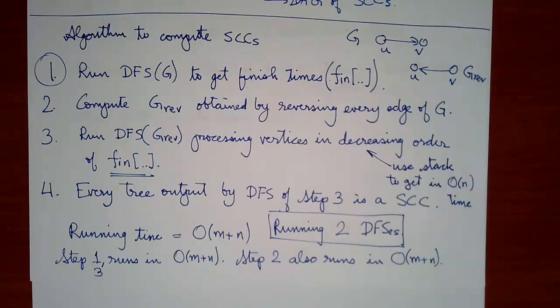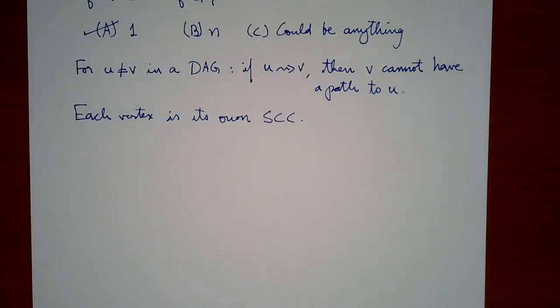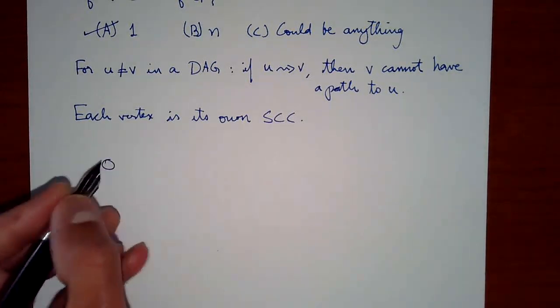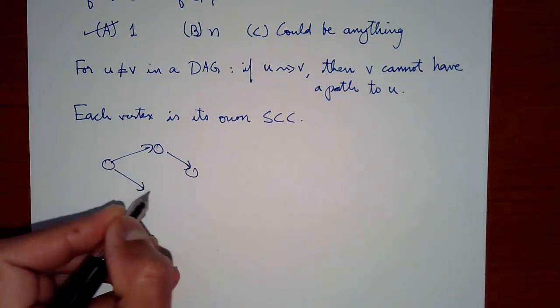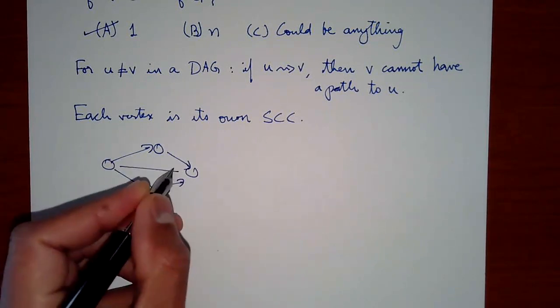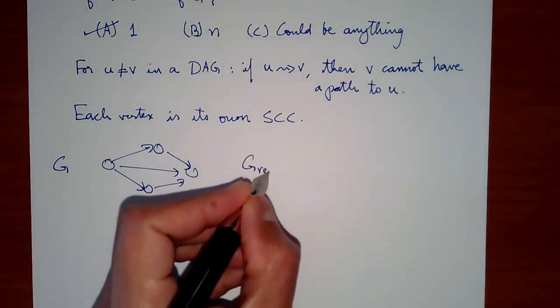Basically, there should be no edges. So it'll be all just single vertices? No, because, let me give you an example. Let's just say here's your DAG. Here's the DAG. This is G. Well, G reverse looks like this.